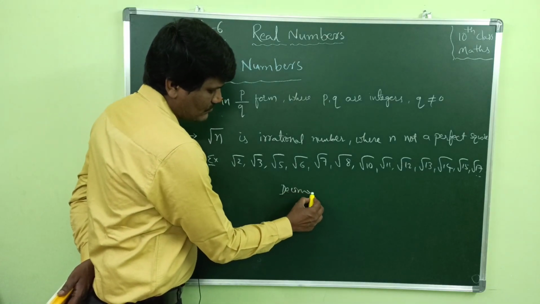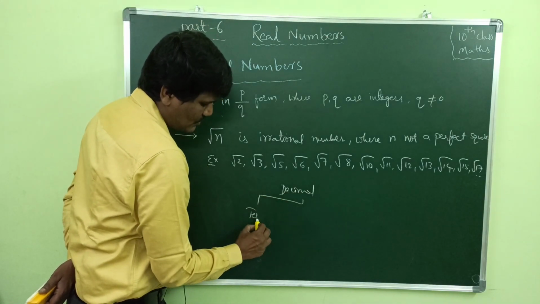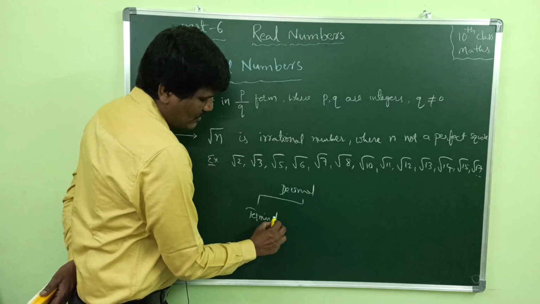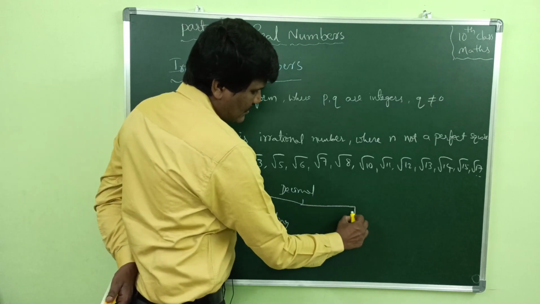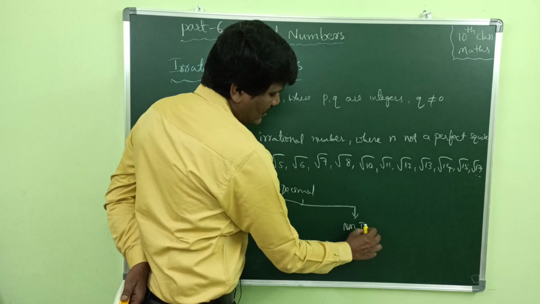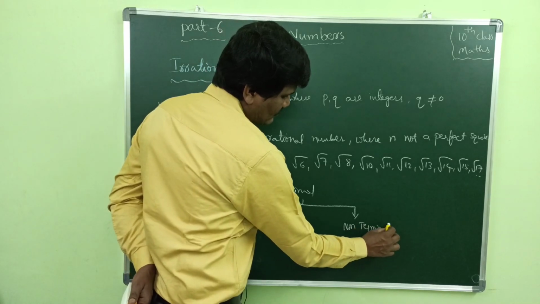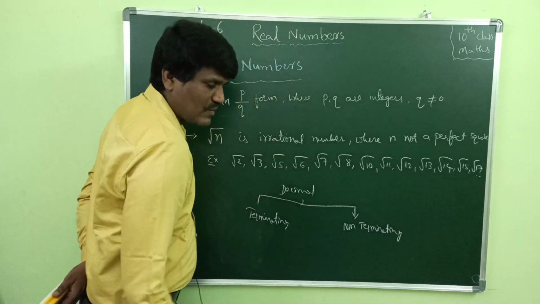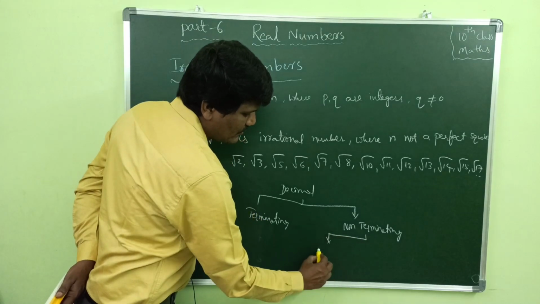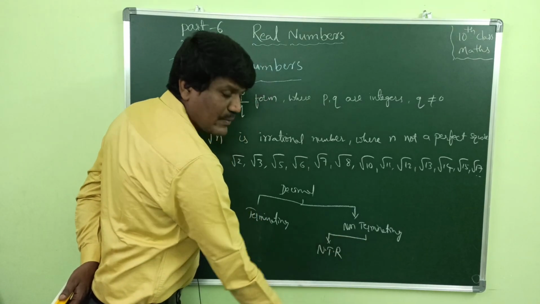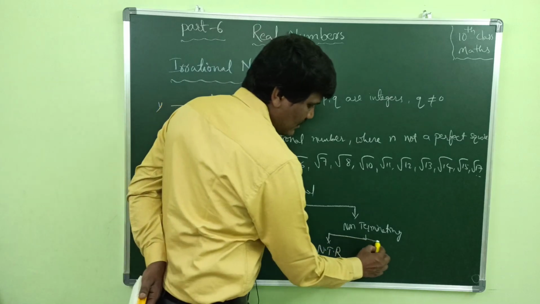Decimals have two types, terminating and non-terminating. Again, non-terminating is divided into non-terminating repeating or non-terminating non-repeating, right?